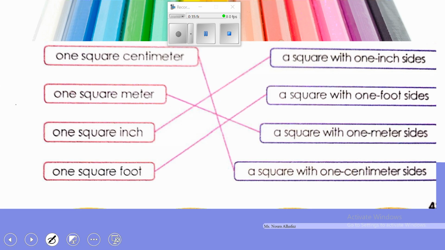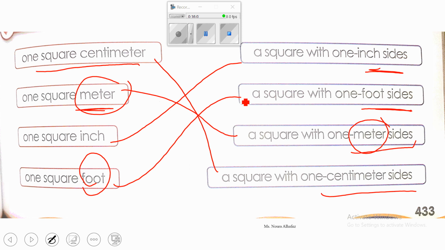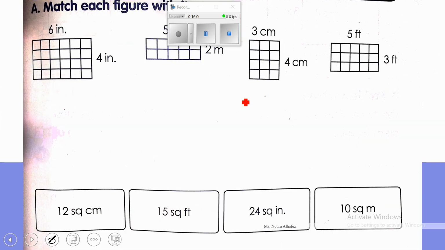Perfect. Here is your homework. Yes, I guess it's the same thing that we did. 1 inch, one side. Okay, here is your homework. They said match the figure with the right area. Yes, 6 times 4.